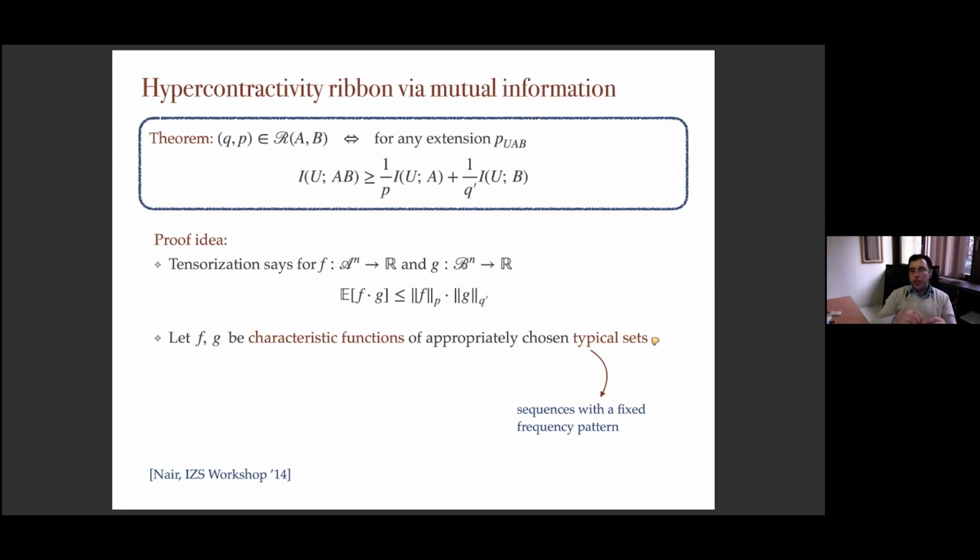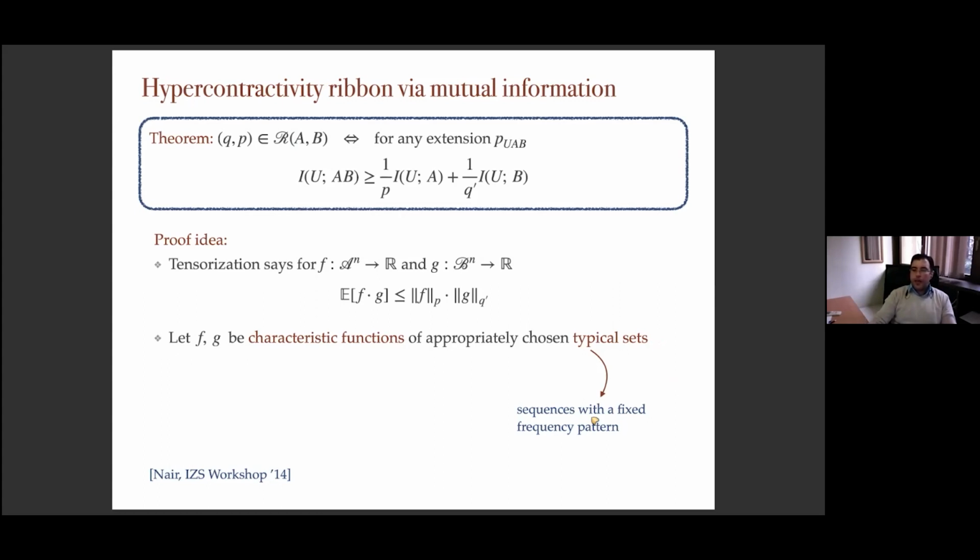Each coordinate of a tuple in A^n would be an element of A, like a1, a2, and so on. And then I'm considering the frequency of each element of A inside this sequence a1 to an. A typical set is a set of all tuples for which this frequency is a constant or almost constant.